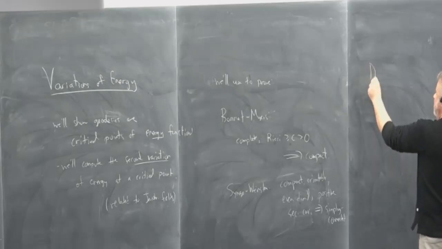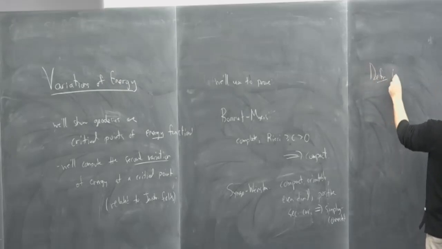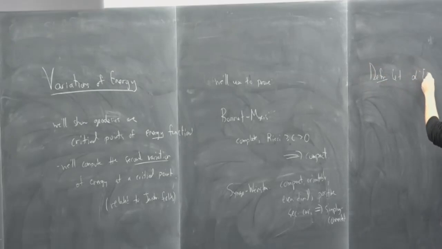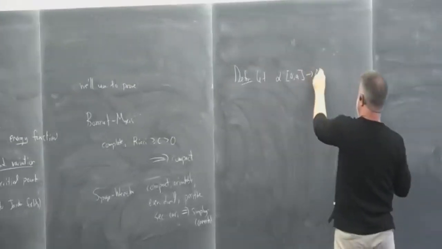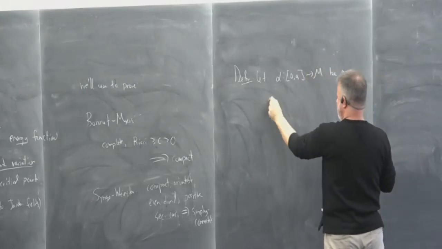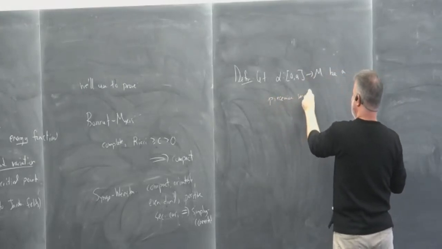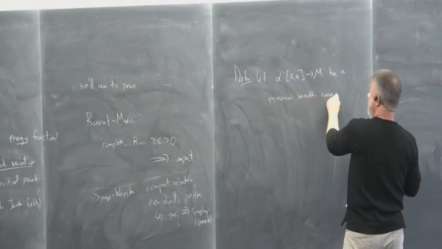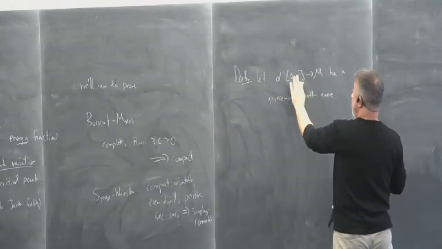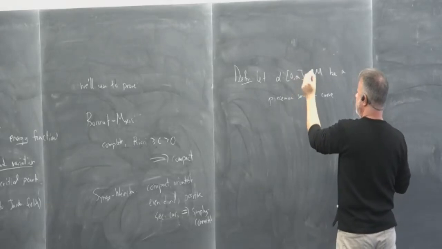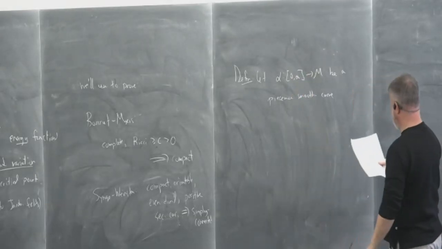Okay, so let's start. Let alpha be a piecewise smooth curve defined on some closed bounded interval starting at 0. We can just shift the parameter to make sure this happens.